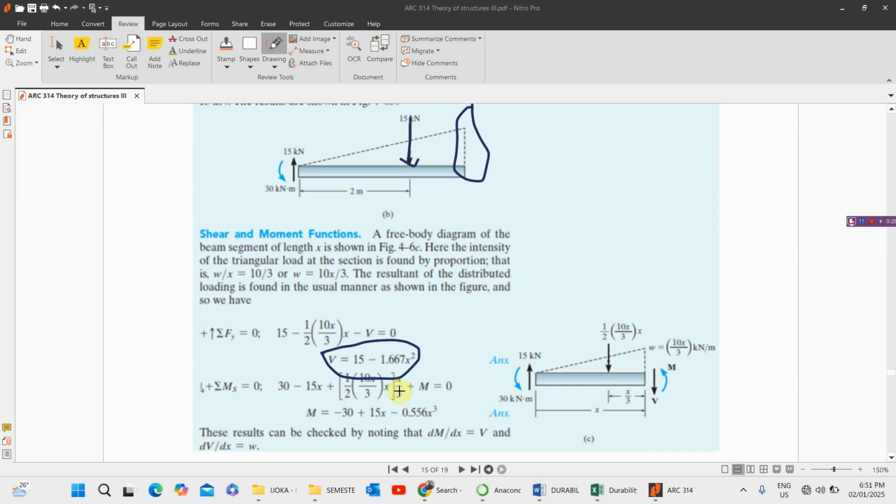That's why we're saying multiply by x over 3, because it's 1/3 of x that is going to be used to multiply this, then plus the moment here. Maybe you can do the write-up on a sheet of paper and see what I'm talking about. Let me remove this.